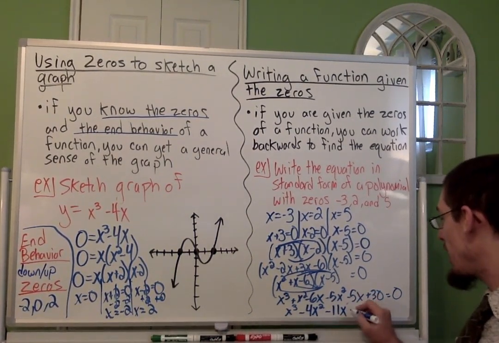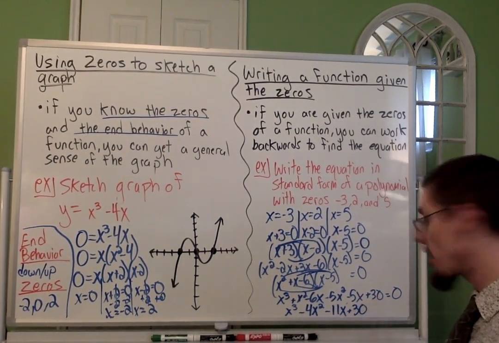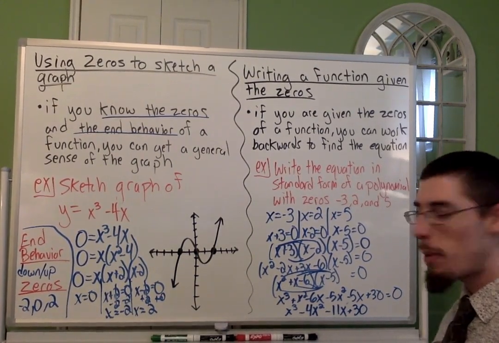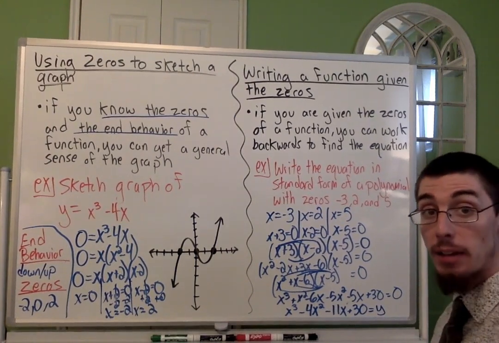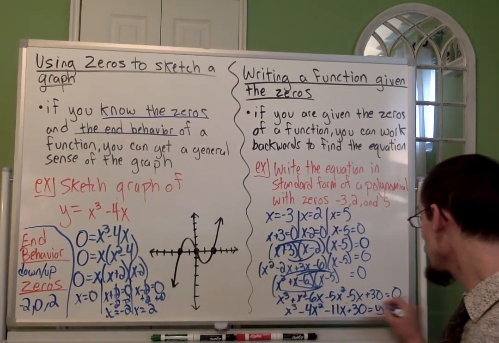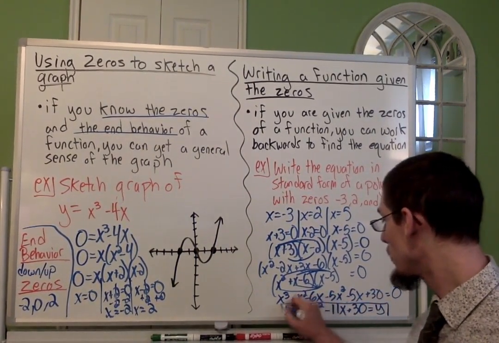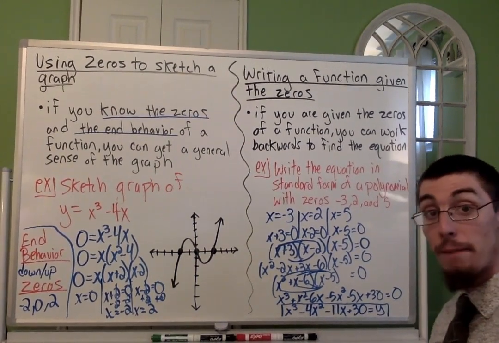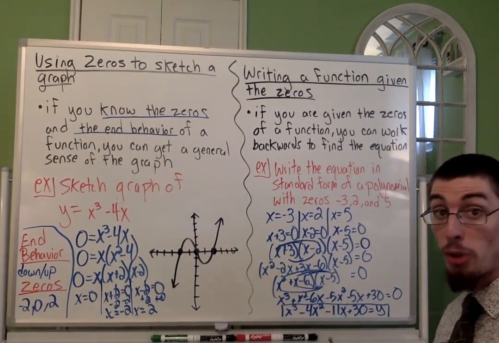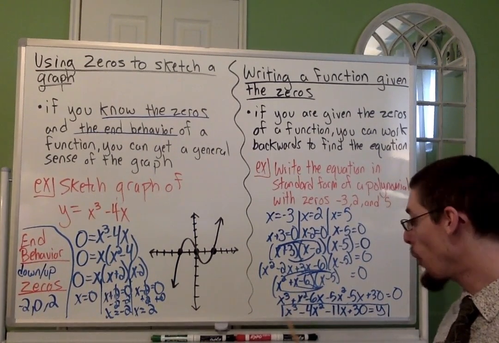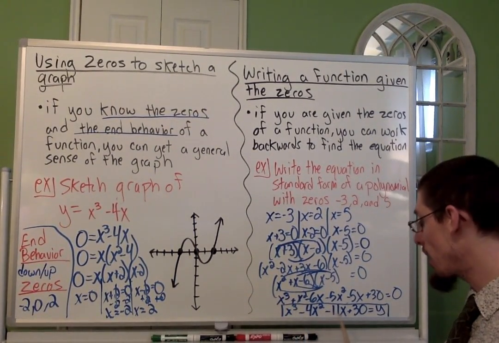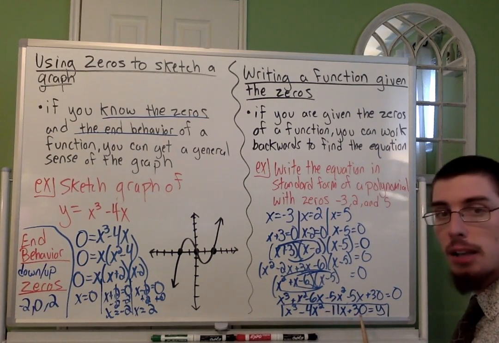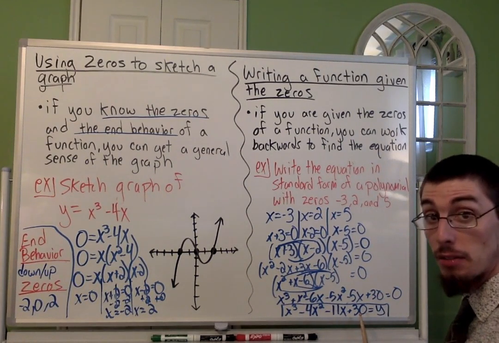And I can't combine anything with the 30, so it's plus 30. And how about I change that 0 to a y? So there's my function, my polynomial function in standard form: x cubed minus 4x squared minus 11x plus 30.